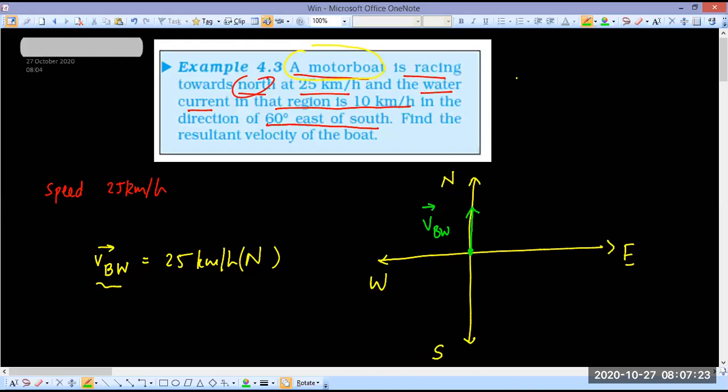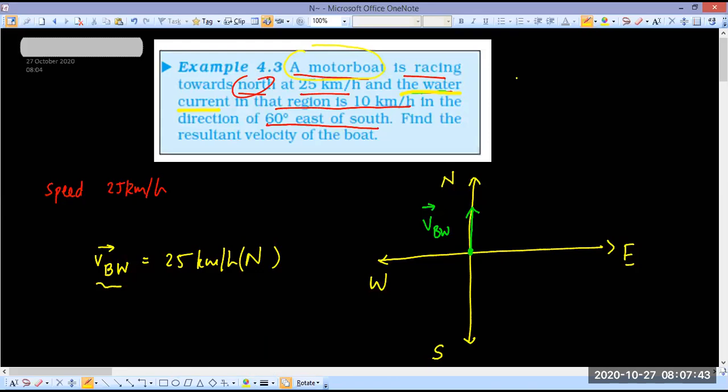Then the water current. Water current means flow of water, right? Here it is given that the water current is 10 kilometer per hour in direction 60-degree east of south.